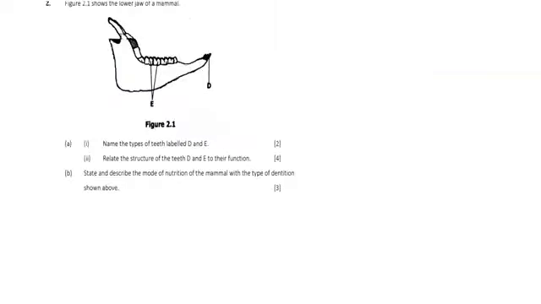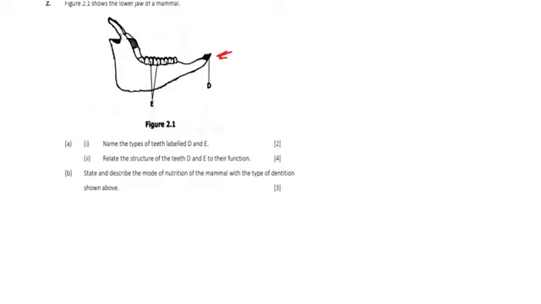So figure 2.1 shows the lower jaw of a mammal. So we only know that it's a mammal. Let us look at the questions. So the first question is: name the type of teeth D and E. So this is where the mouth is starting from.